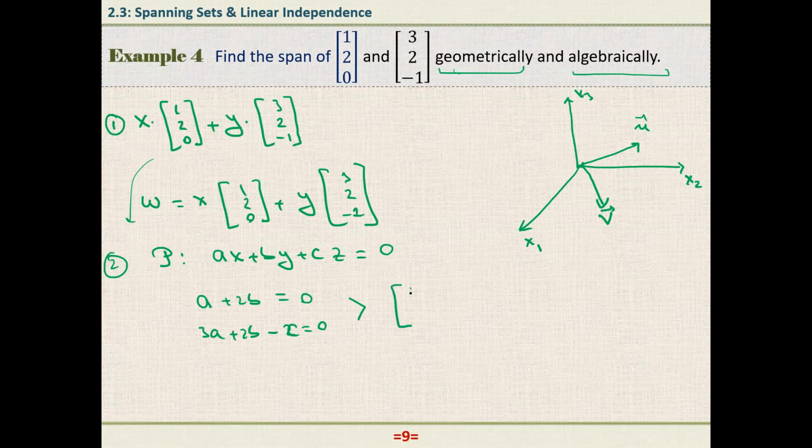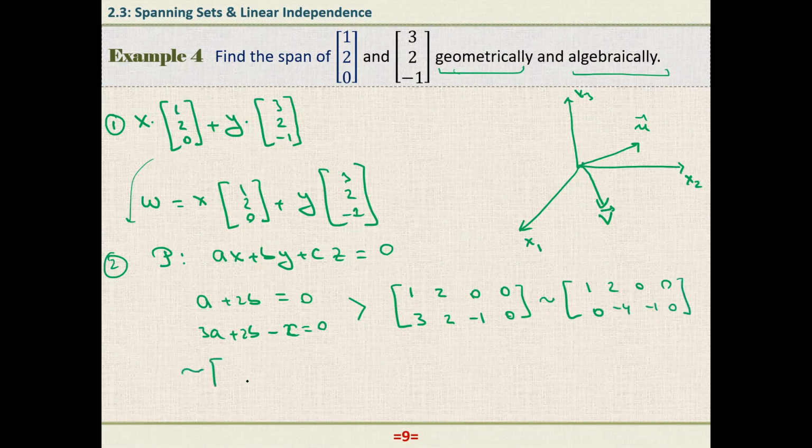Here we have 1, 2, 0, and here we have 3, 2, minus 1, and on the right hand side 0 and 0. Multiply the first row by -3 and add to the second row. Here we have 0, and -6 plus 2 is -4, and the third entry is -1, and 0.